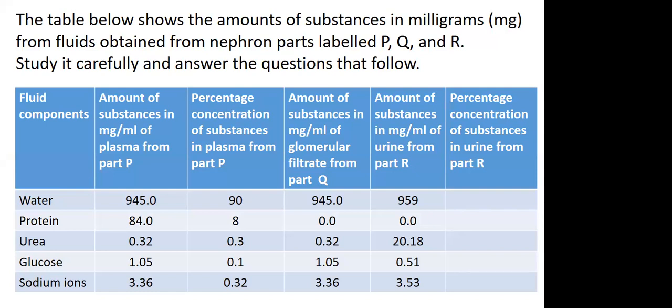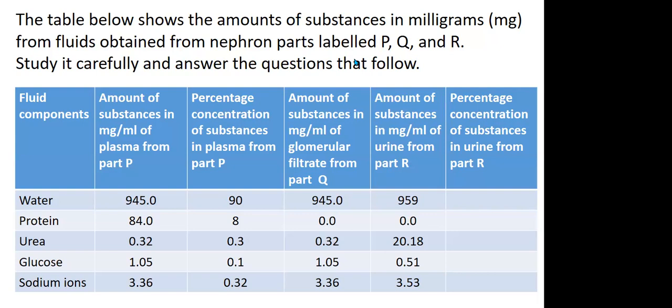And then a part labeled Q, and then another part labeled R. So we are supposed to use this information and make an intelligent guess on where these fluids were picked from, based on the knowledge that we have about how the nephron operates. Okay.